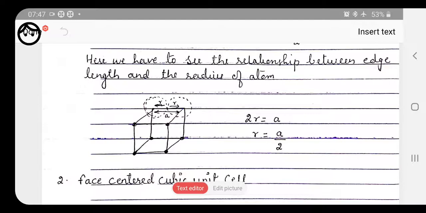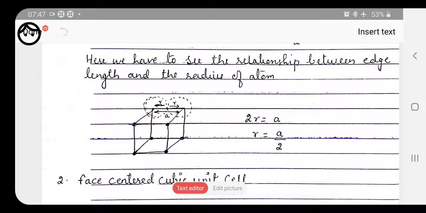So here we have 2r. Okay, so 2r is equal to a. So we can calculate the radius by writing r is equal to a upon 2. That is for the simple cubic unit cell. With the help of this formula we can calculate the radius for the primitive unit cell.